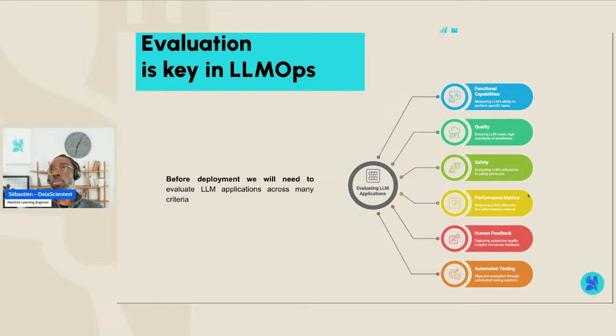You have the performance metrics. You have the human feedback, so capturing subjective quality insight through human feedback. For example, when you are working with ChatGPT, you can provide feedback, but they are also automatically getting feedback from the way you interact, from the frequency you interact, etc., in order to find specific use cases and maybe decide to innovate and create something new.